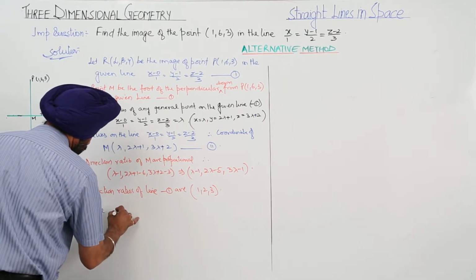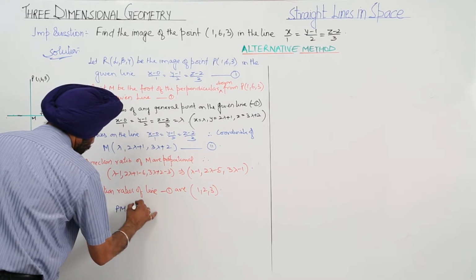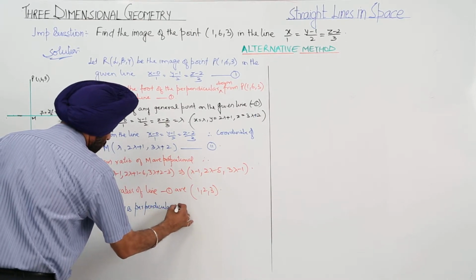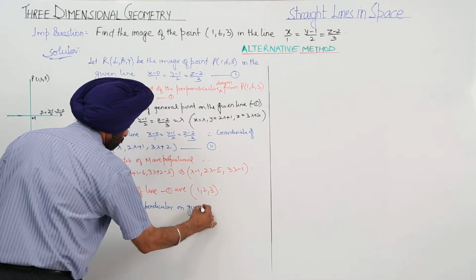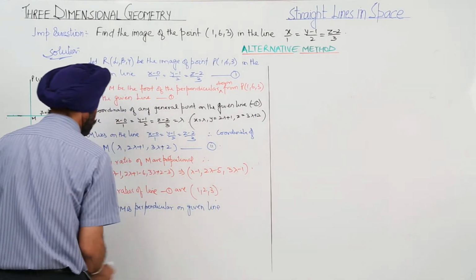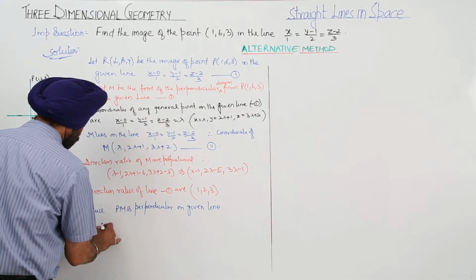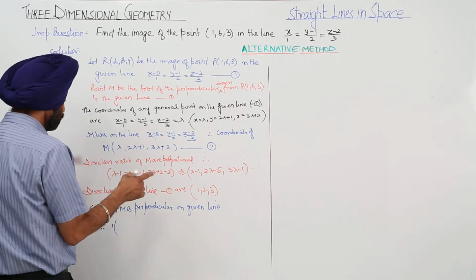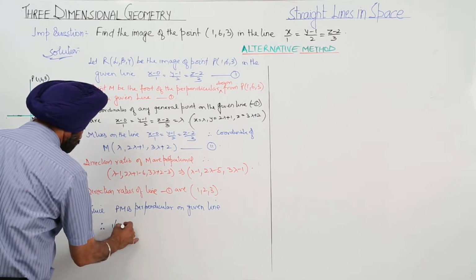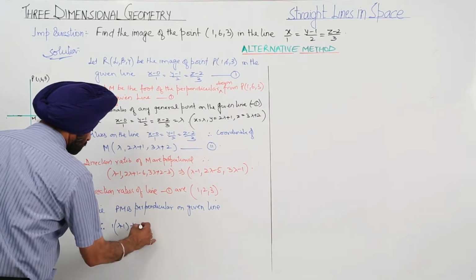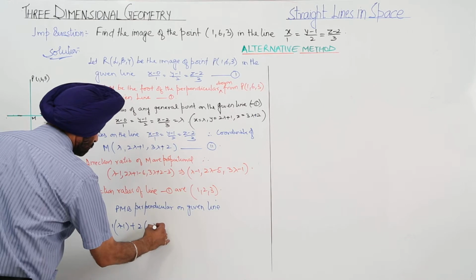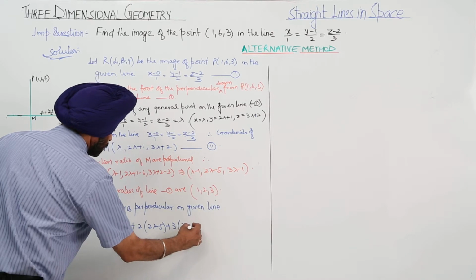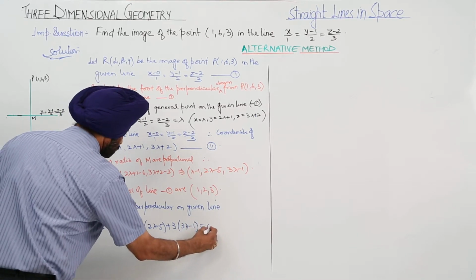Now since PM is perpendicular to the given line, therefore the direction ratios of the line with the direction ratios of line PM: 1 with lambda minus 1 plus 2 with 2 lambda minus 5 plus 3 with 3 lambda minus 1 is equal to 0.